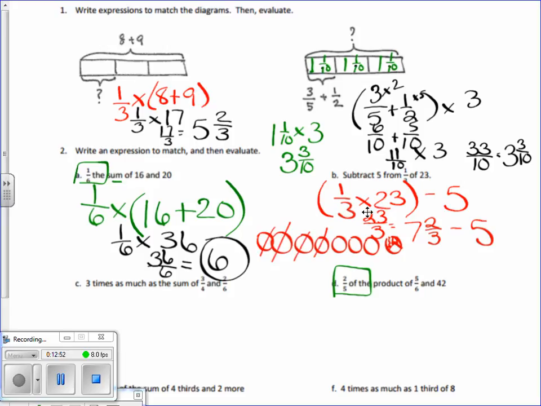Yes! 1, 2, 3, 4, 5. That leaves 2 and 2/3.